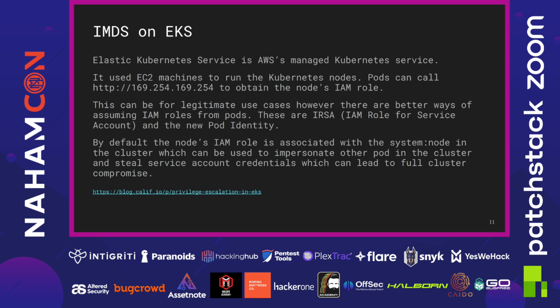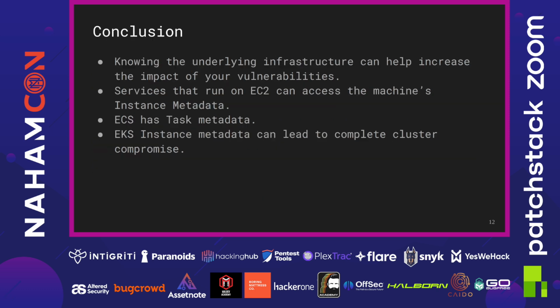And in most cases in EKS, it will result in full cluster compromise, allowing an attacker that gains an SSRF in a pod to be a Kubernetes admin, especially if the control plane of the Kubernetes cluster is public. I've linked a very interesting article here which showcases this attack, because it is too long for this talk.